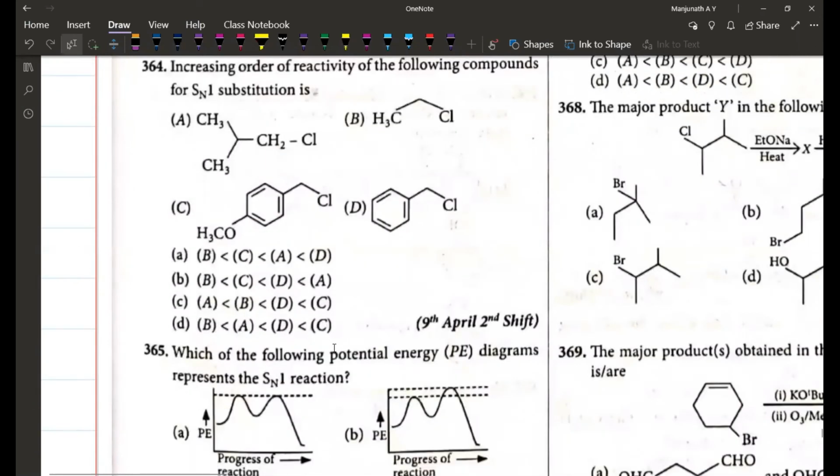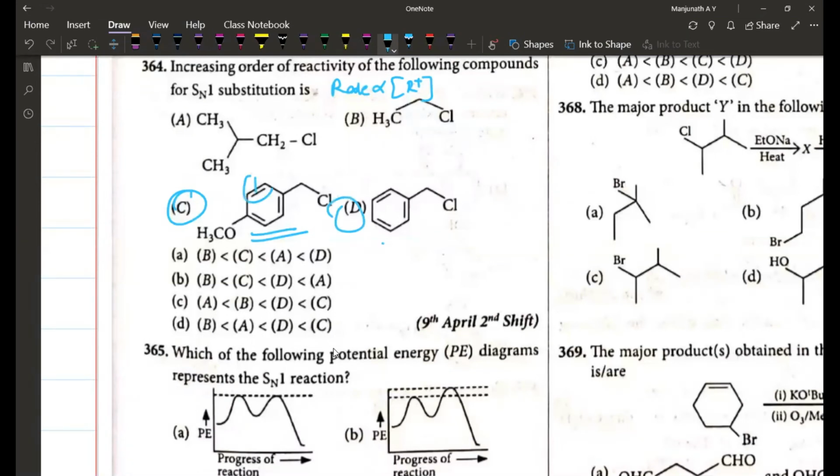Increasing order of reactivity of the following compounds for SN1 substitution. How do you decide? Rate is proportional to concentration of carbocation actually. So out of all these, which can form carbocation very easily? So option C. This can easily form carbocation, followed by this.